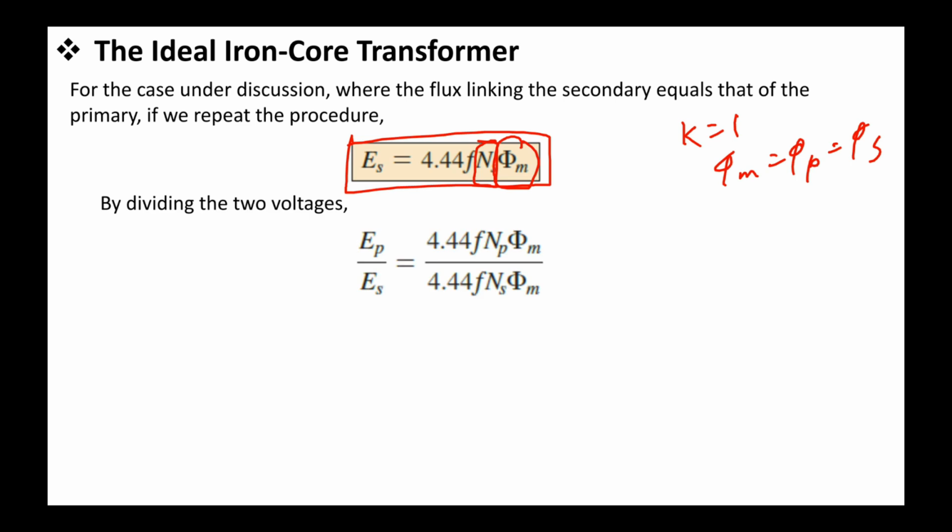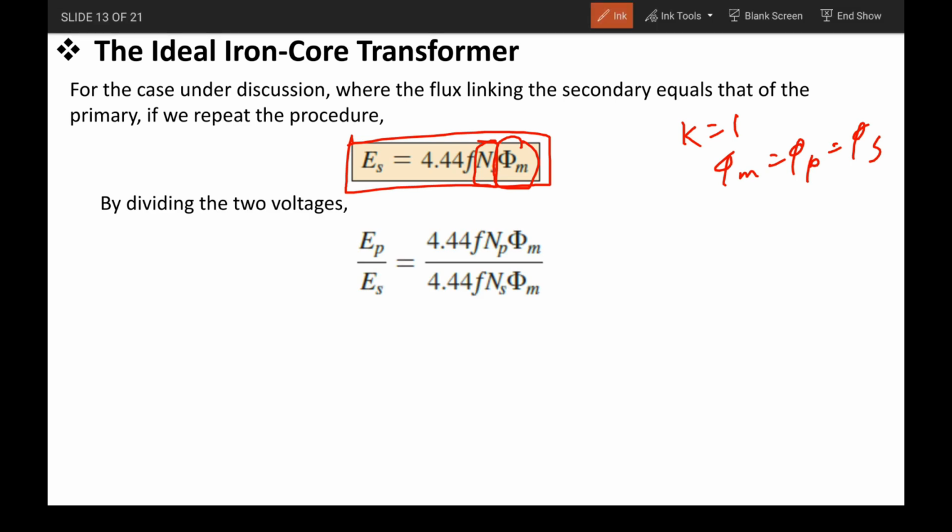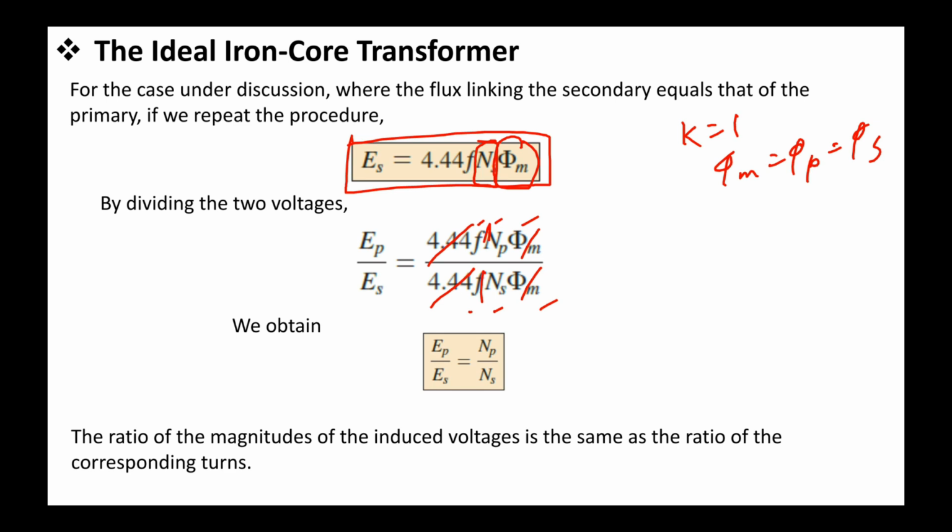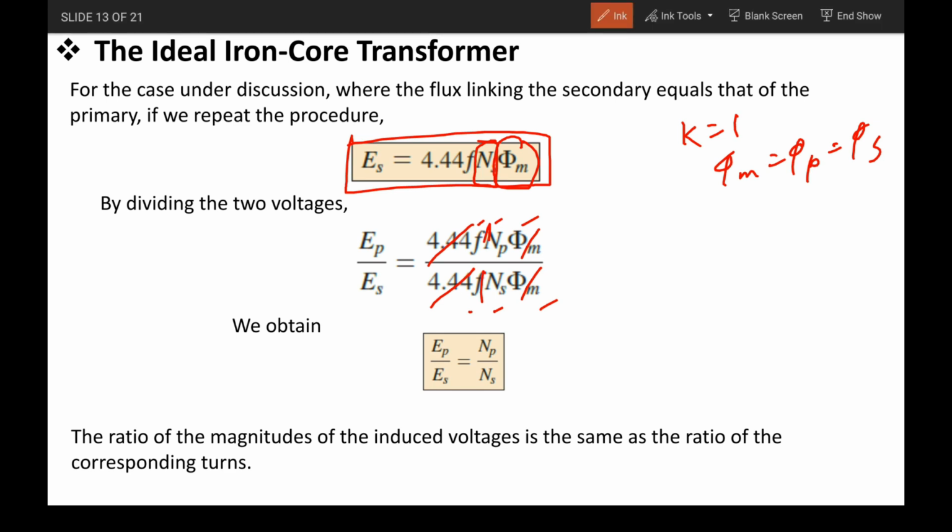Now if we divide these two, previously it was e_p equals 4.44 f N_p phi_m and e_s equals 4.44 f N_s phi_m. So if we divide these two, f will cancel out, 4.44 will also cancel out. It will give only e_p over e_s equals N_p over N_s.